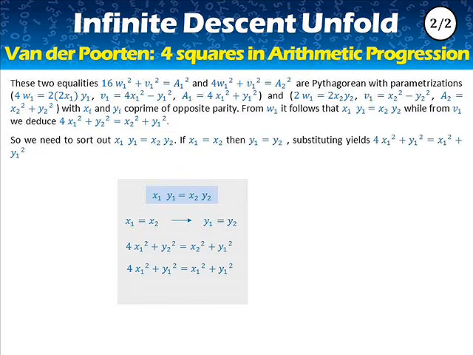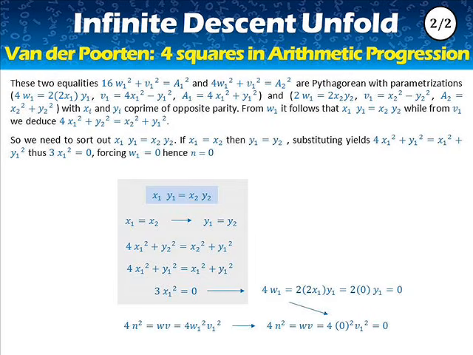Substituting yields 4x₁² plus y₁² equals x₁² plus y₁². Thus, 3x₁² equals 0, forcing w₁ to be 0. Hence, n equals 0, leading to a trivial arithmetic progression a equals b equals c equals d.